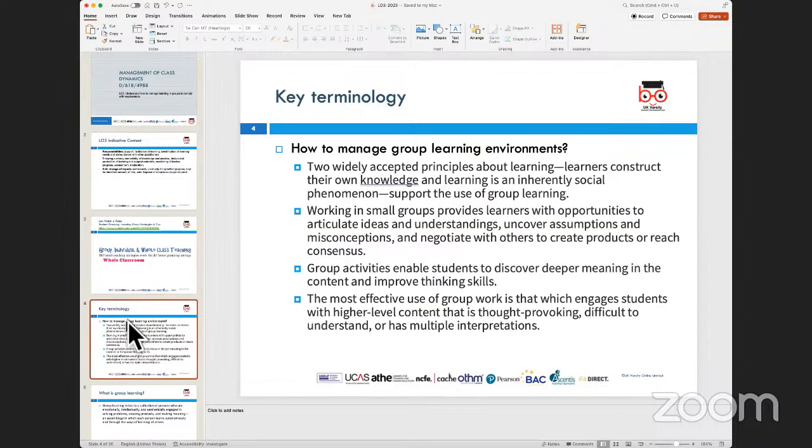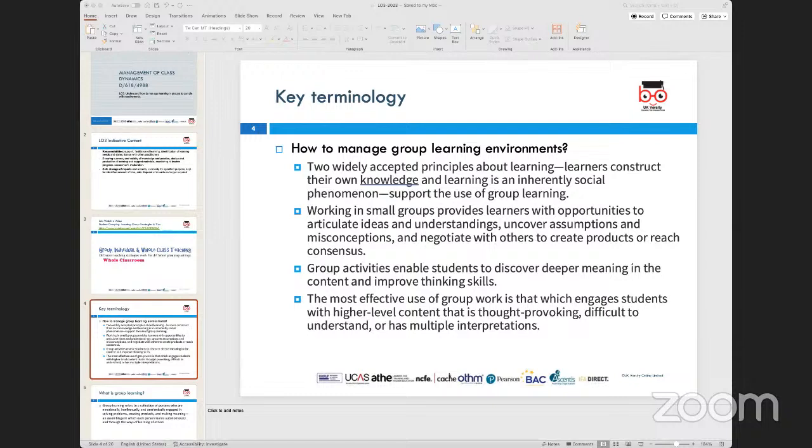Now, let's focus on the key terminology, and the main part of today's learning outcome is to focus on managed learning in groups. That's the keyword that we want to be looking at.